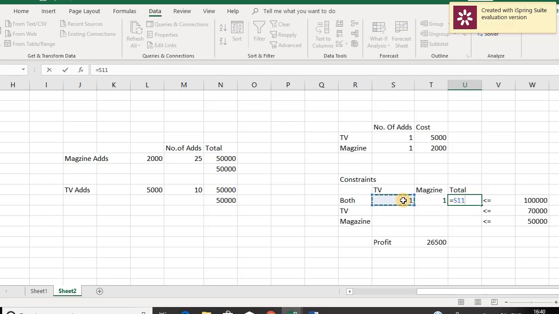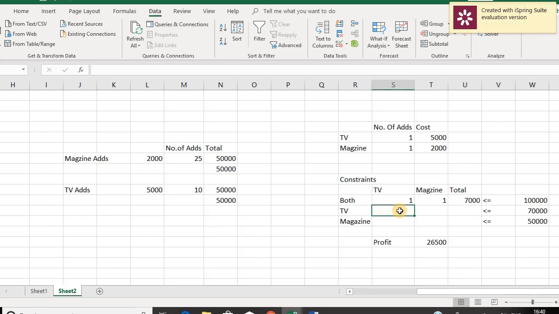the number of ads on TV times the cost for each TV ad, plus the number of ads on magazine times the cost per ad in magazine, and it should be less than or equal to 1 lakh dollars.